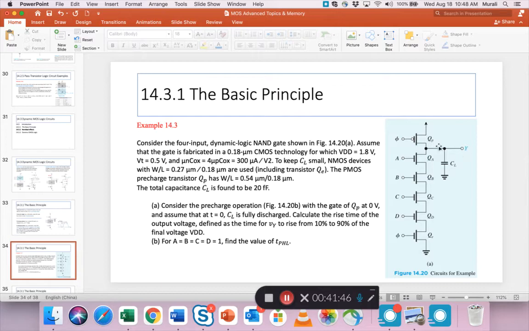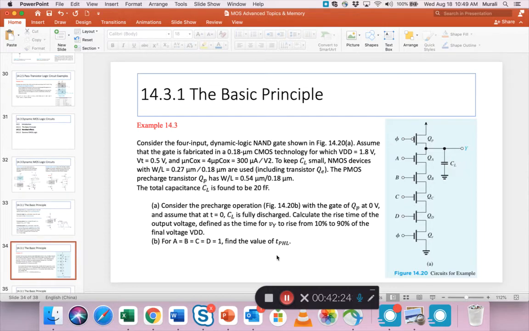Then, when the voltage has dropped to half of VDD, the N-type device, the NMOS device, switches into the triode region, so you use the triode formula. So you find the two currents, one in saturation, one in triode, you take the average of the two, you put that average value in the denominator of that formula for time, and then you get the final answer as 0.25 nanoseconds for tPHL.